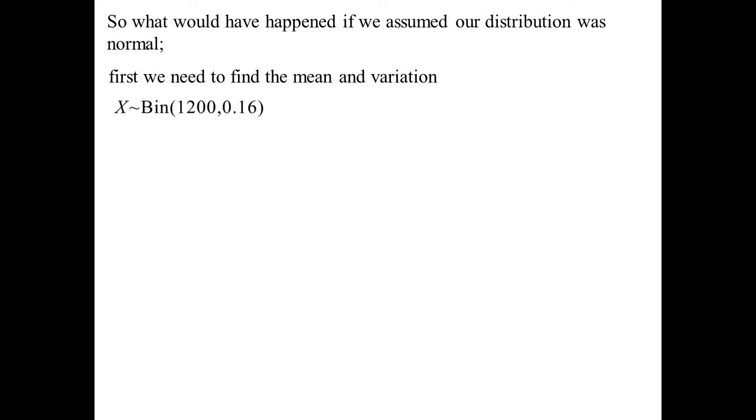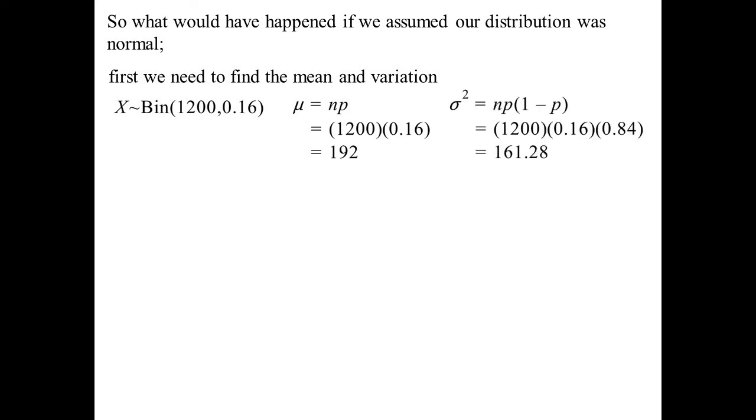There were 1,200 students, and from our sample, the probability is 0.16. The mean is n times p, so it'll be 192. The variance, np(1 minus p), will be 161.28. So there are the two pieces of data I'm now going to put into the normal distribution.